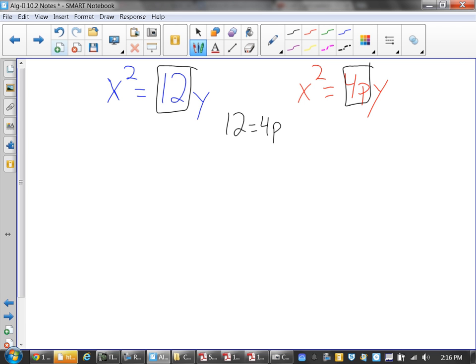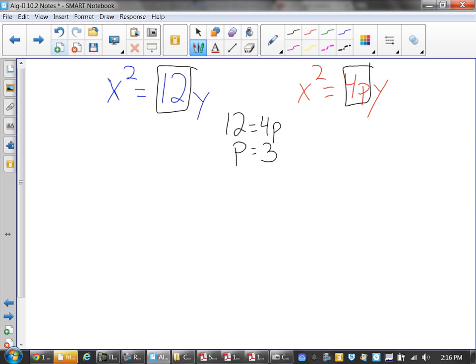Let me finish the problem before you start asking questions. Notice, 4 times something times y. That's all it says. 12 times y. You set those two equal to each other. What's p? 3.